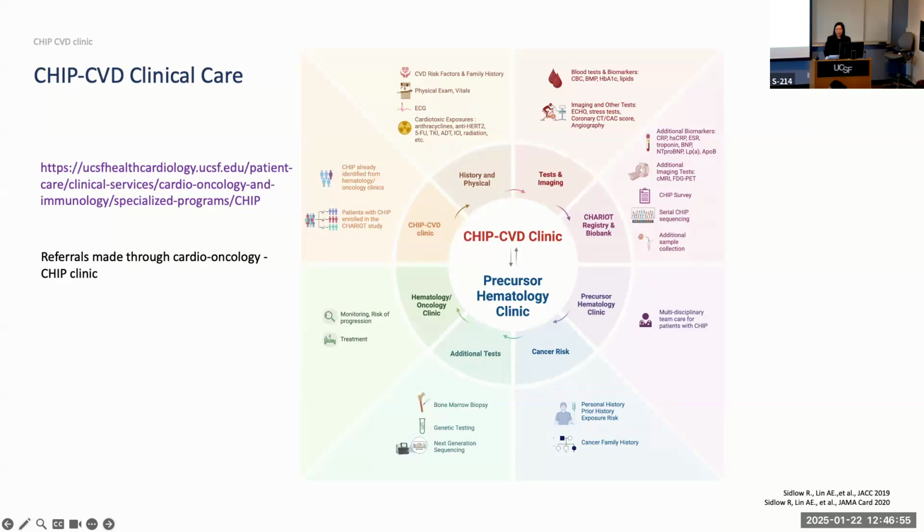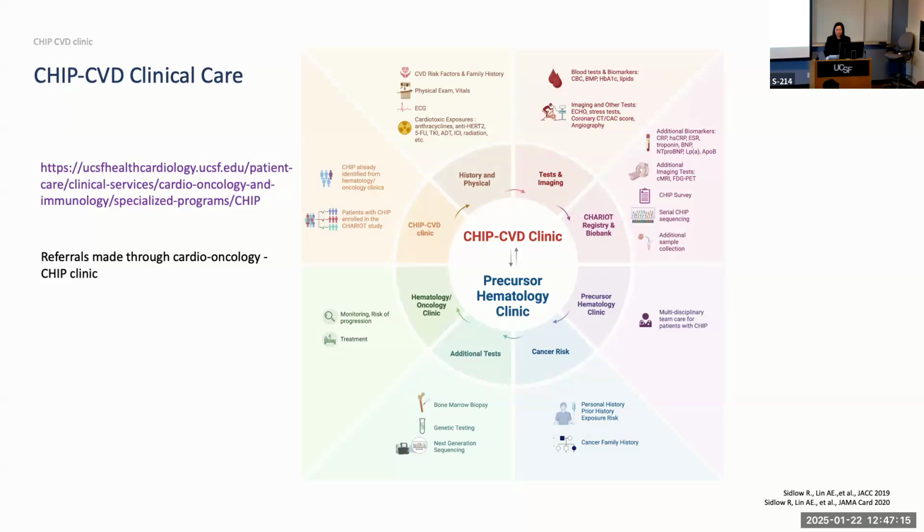What about our study? So we're introducing CHIP sequencing through our research study, a registry, and a biobank as well. And so we're hoping to get a group of individuals who actually have CHIP. So these are true CHIP patients where we can provide both a study and a natural history study for these patients as well.